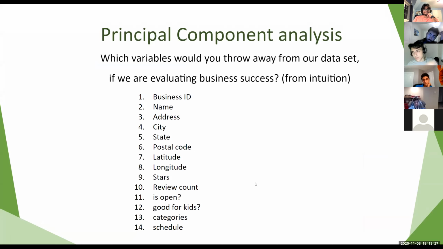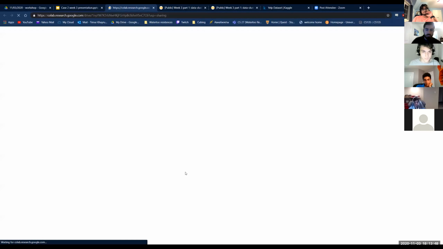So this PCA thing will allow us to reduce the dimensionality of the data in a way that doesn't lose that much information, but helps us classify things. So onto the notebook.